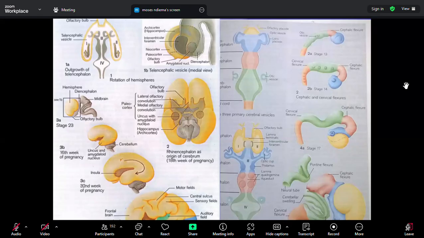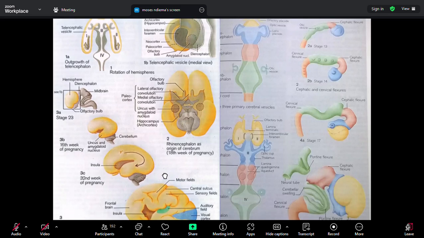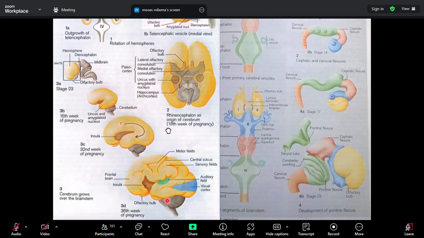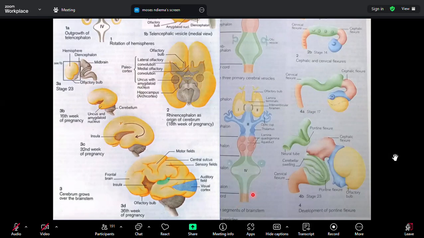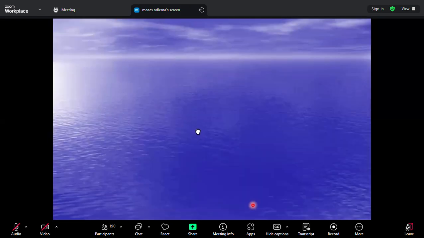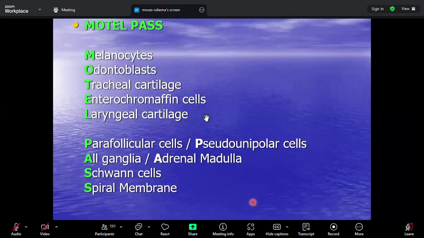This is to increase the number of neurons without increasing the size of the brain, by having gray matter on the outside and white matter on the inside. In the case of the spinal cord, the white matter is on the outside, the gray matter is on the inside. So how has this come about? That's just what we are going to look at now.